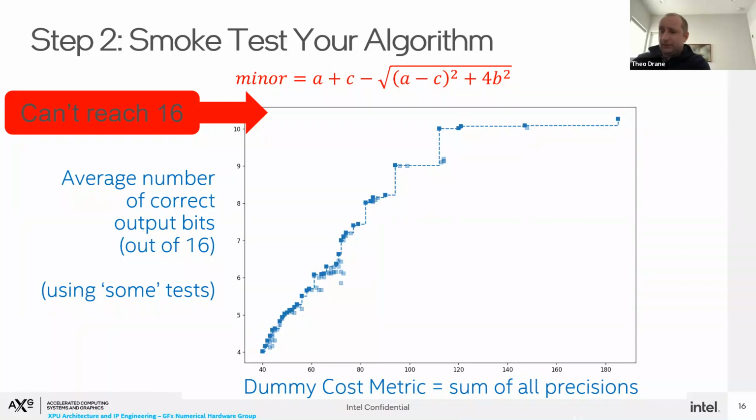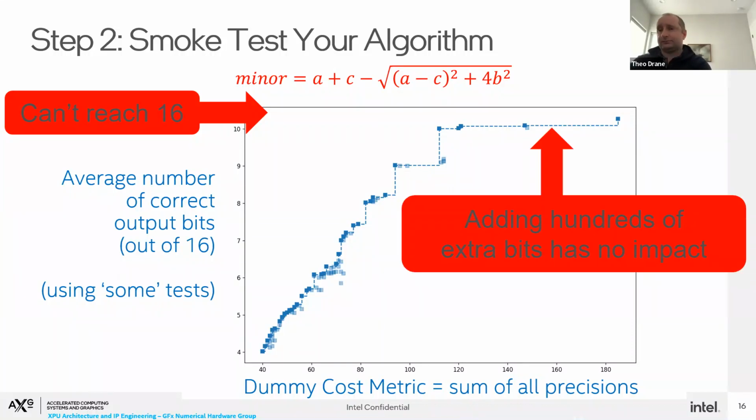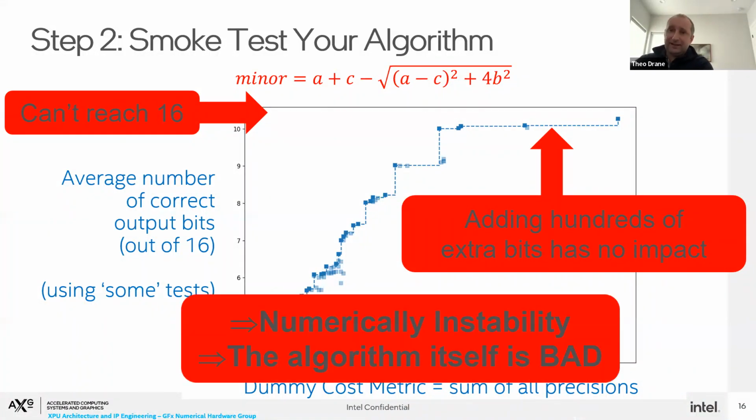But something even far more disturbing is this plateau. What this plateau is telling you is that even if we were to add hundreds of extra bits, we don't get anything more accurate. So this is clearly a complete disaster. This is how we detect numerical instability, which basically means your algorithm itself is bad.